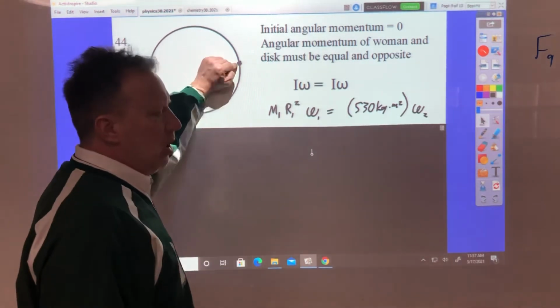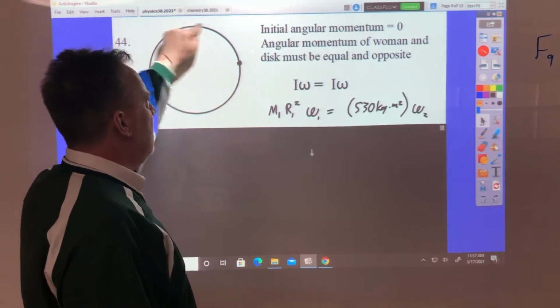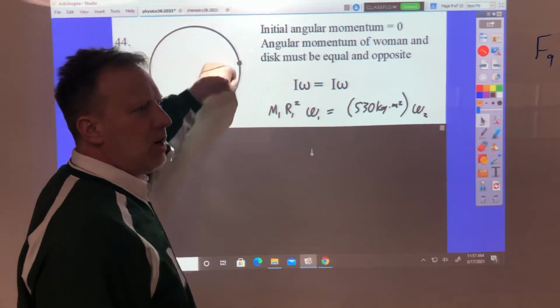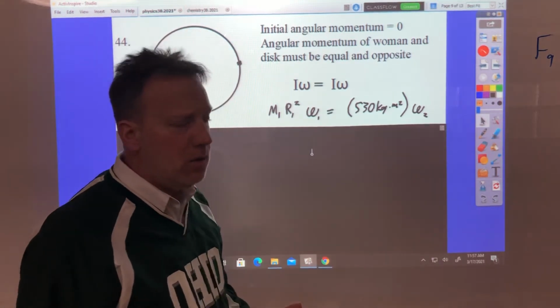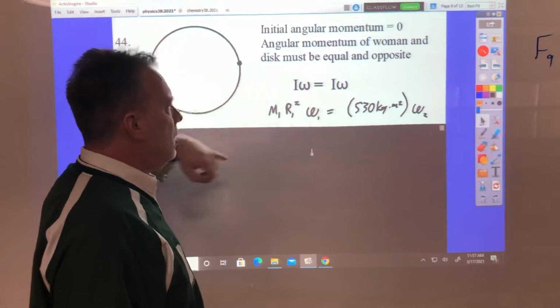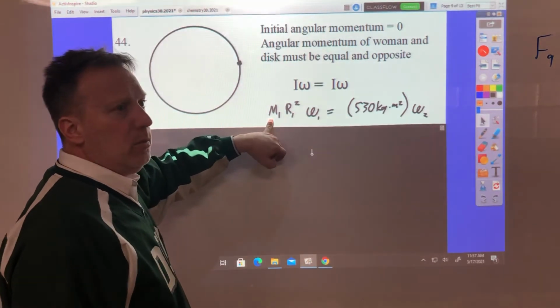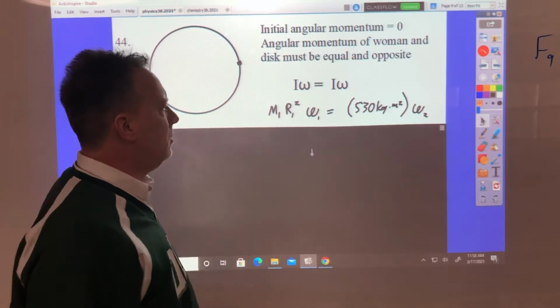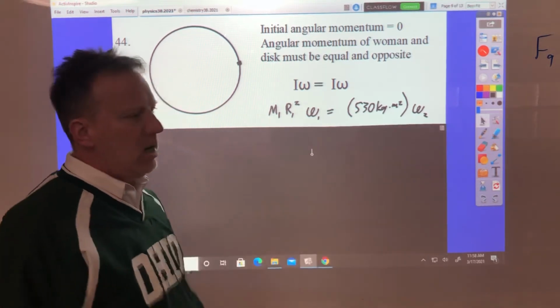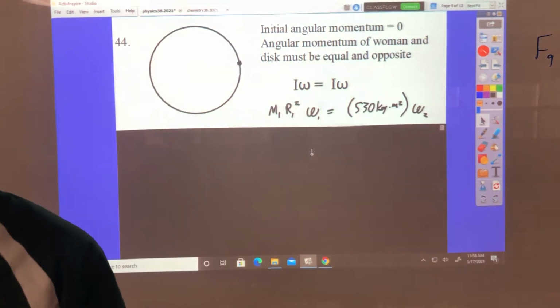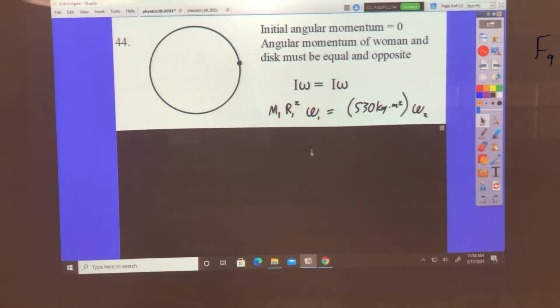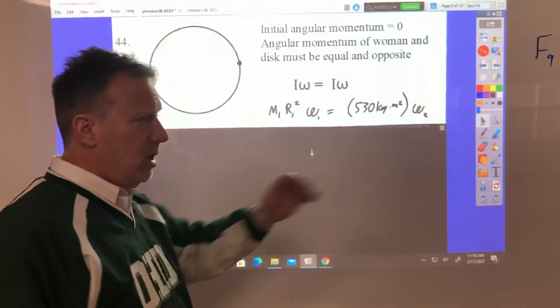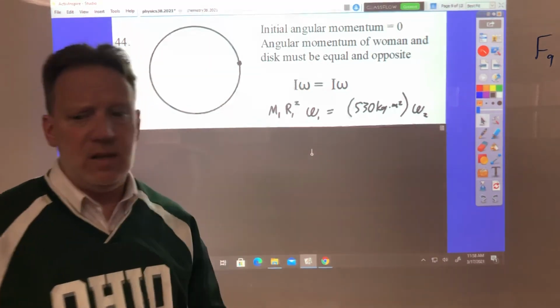Because she is, we're going to say, a point mass out at the end of the disc, she's going to traverse the shape of a hoop if she stays on the turntable. And the moment of inertia for a hoop is mr squared times whatever her angular velocity would be. Well, we don't have her angular velocity. We have her translational velocity, v.